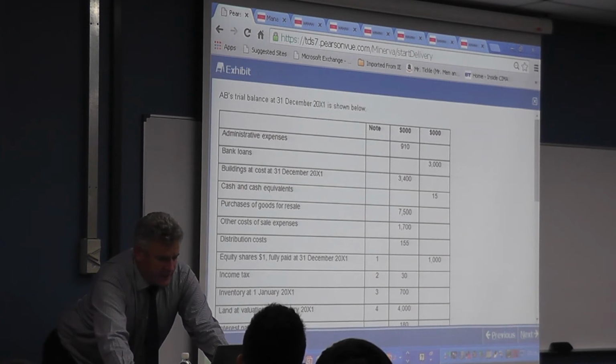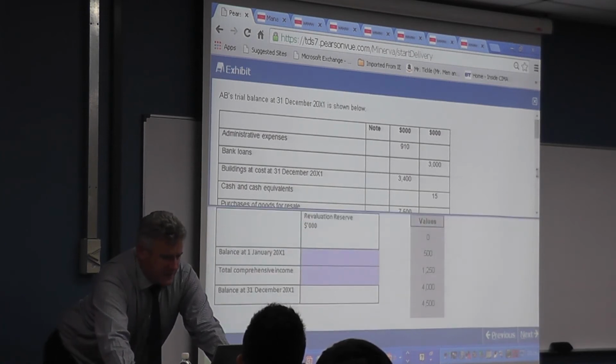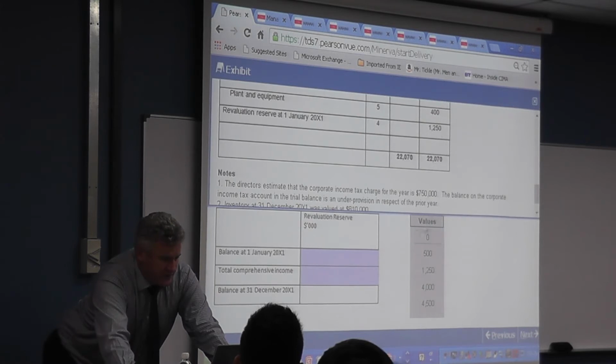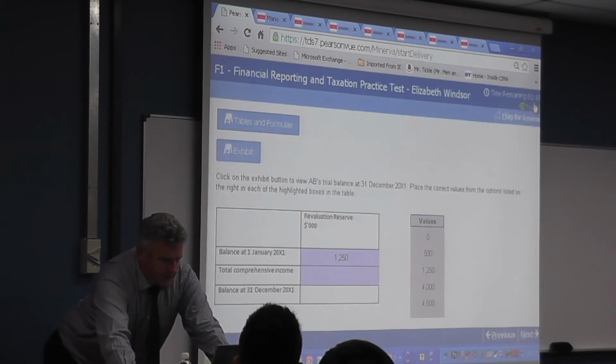Right? I can't remember what I was asked, so I'll put that back up. Balance at the 1st of January for the revaluation reserve. That looks like 1,250. Total comprehensive income. What? Let me see the whole question. I have no idea what's happening there.